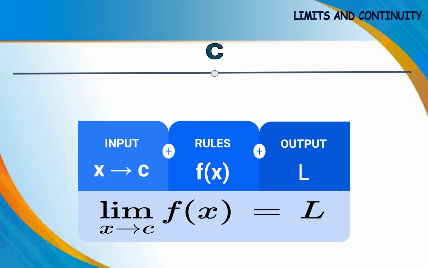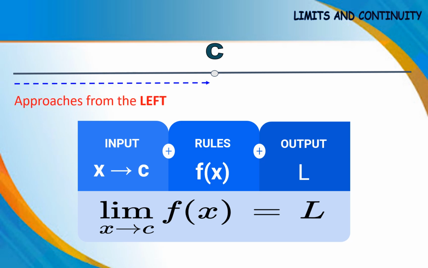Once the constant c has been established, you can start evaluating from the left. It is usually referred to as approaching from the left. The value of the variable x has a notation of negative or minus to remind you that you are evaluating from the left. The values of x do not have to be negative, since our choice is dependent on the value of your constant c.